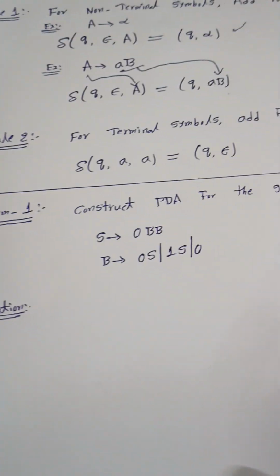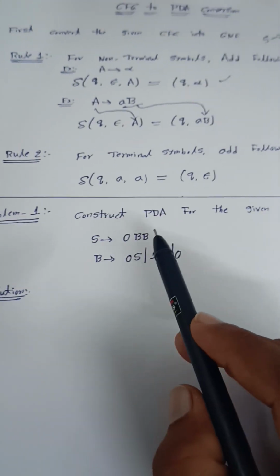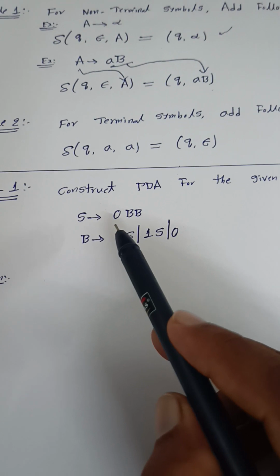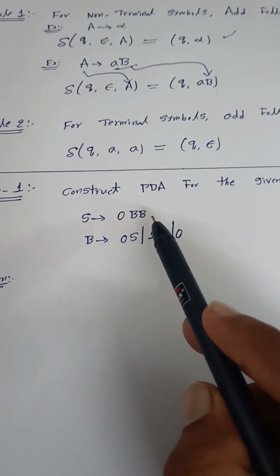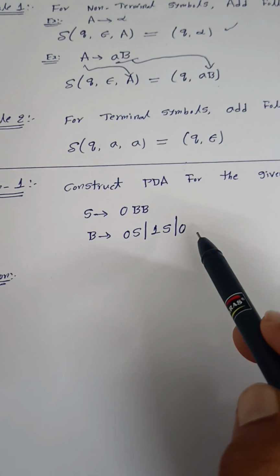Now we will solve one problem. Construct a PDA for the given context free grammar. Here the grammar is S implies 0BB, B implies 0S, 1S, 0.